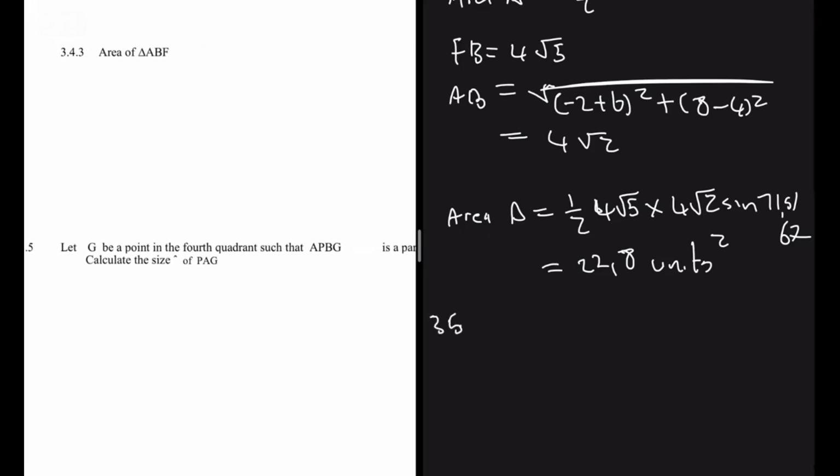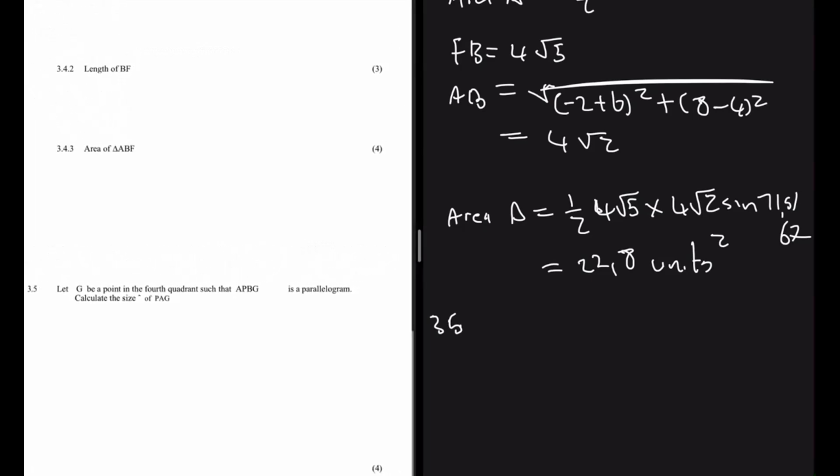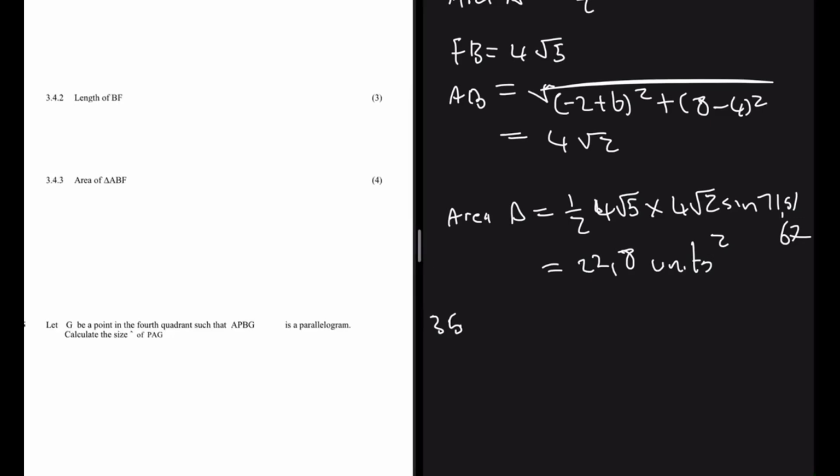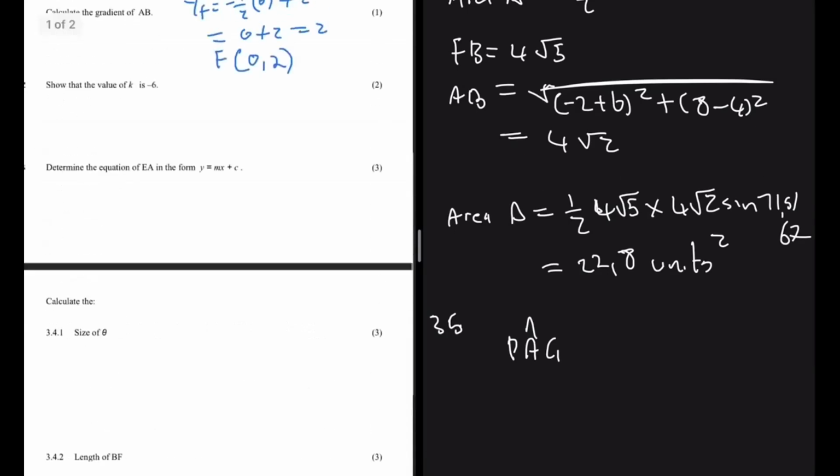3.5 says let G be a point in the fourth quadrant such that APBG is a parallelogram. Calculate the size of angle PAG. So we are interested in angle PAG if we have coordinate G in the fourth quadrant such that APBG is a parallelogram.